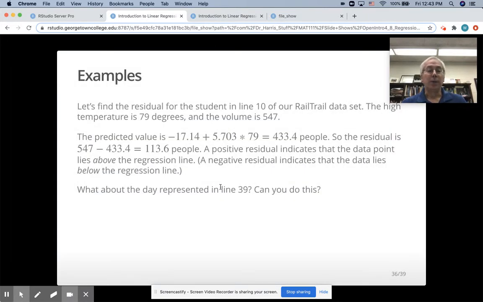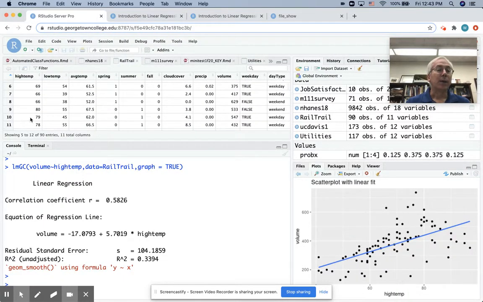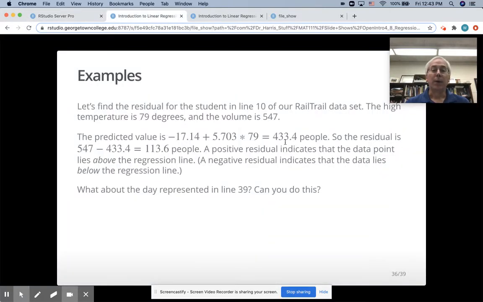So if I wanted to use the regression line in the Rails to Trails data set, looking at the day that's in line 10, the high temperature that day was 79. So if I go to 79 degrees, the volume is 547.